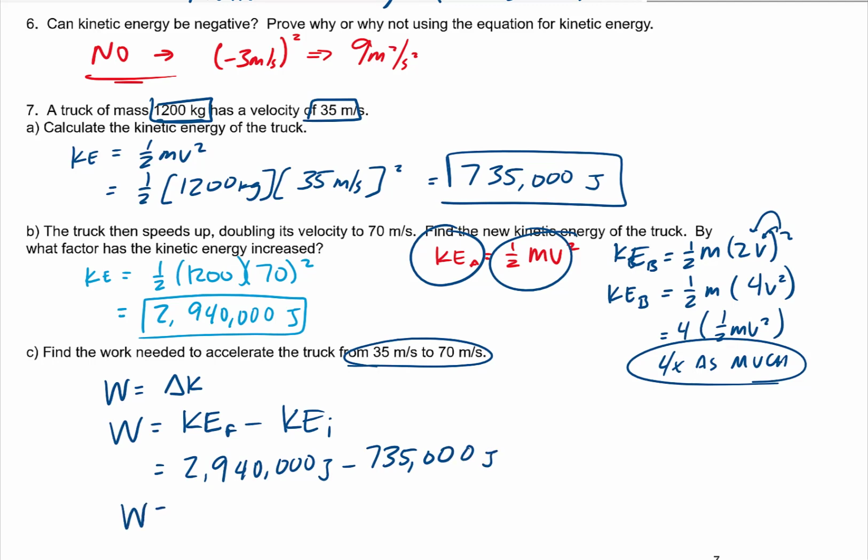So the work needed for that whole thing comes out to be 2,205,000 joules. It's just the difference in the final and the initial kinetic energy. How much more energy did we have to give this thing? That's the work that we had to do.